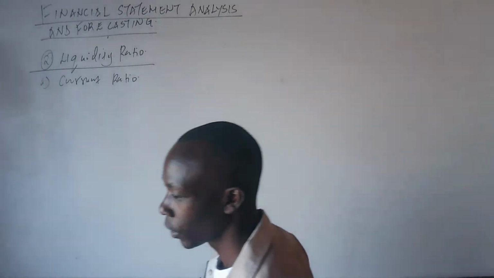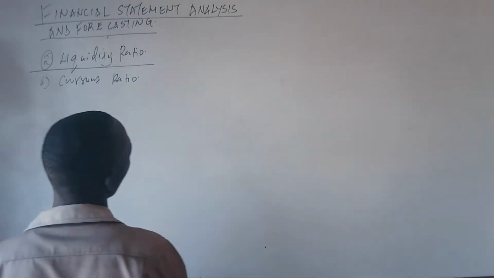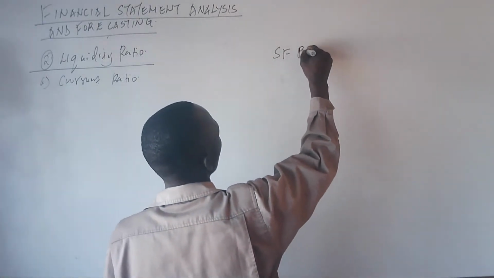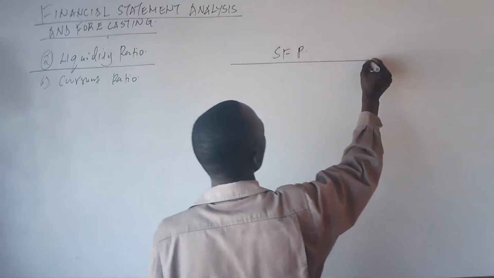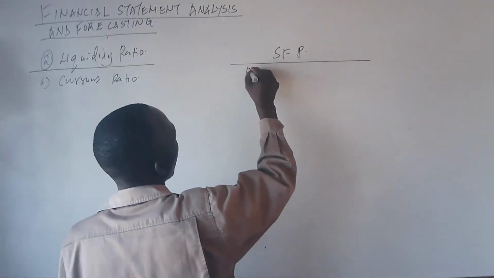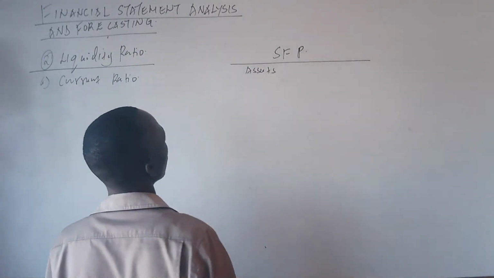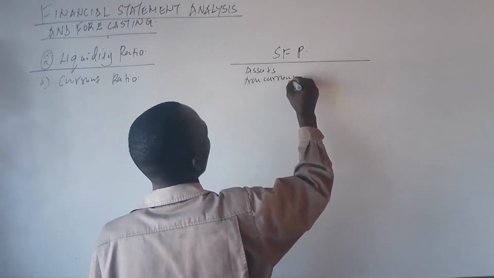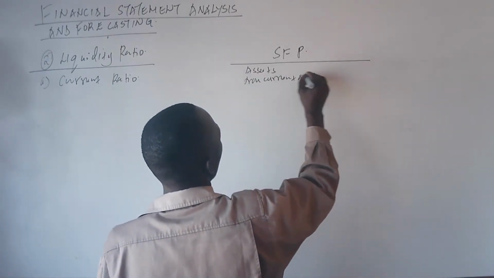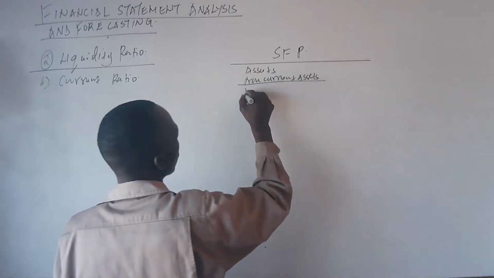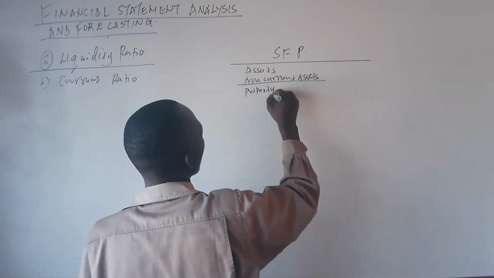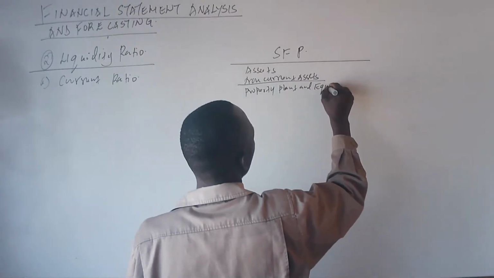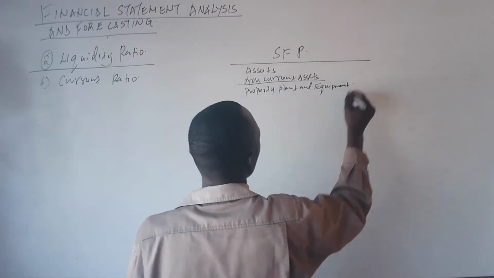Remember, the statement of financial position is made up of assets, and these assets are categorized into two. We have the non-current assets, whereby we talk about property, plant and equipment.